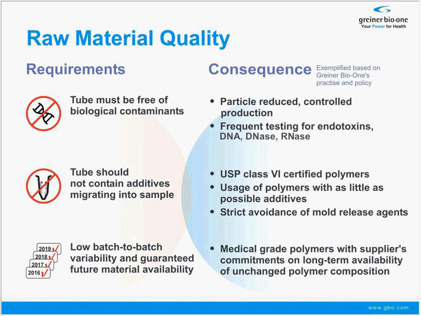What we do today is we use for tube production polymers which are of high quality and with a good certification. We try to use at this stage a USP Class 6 certificate for raw materials and products in accordance with the US Pharmacopoeia.